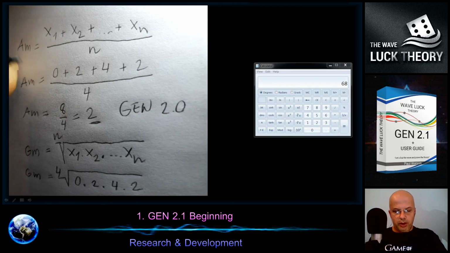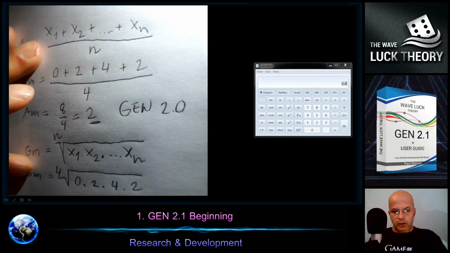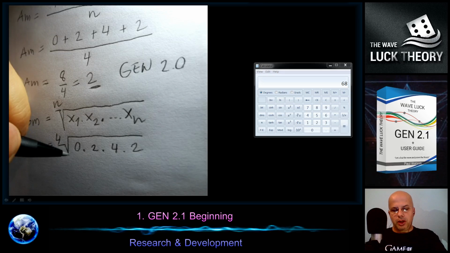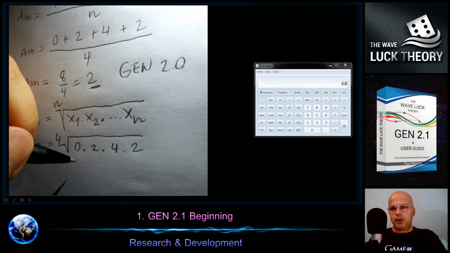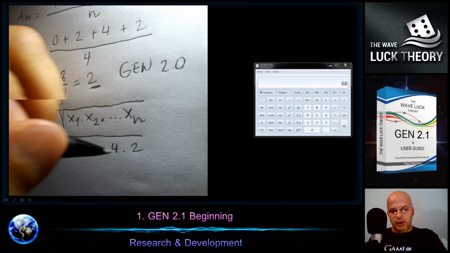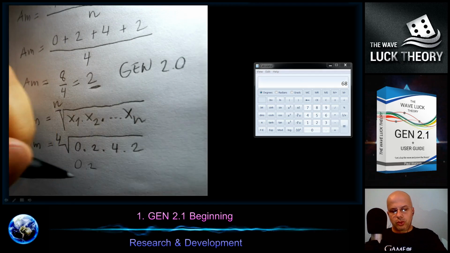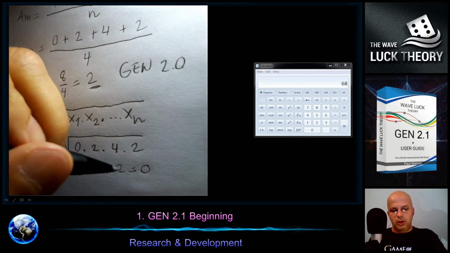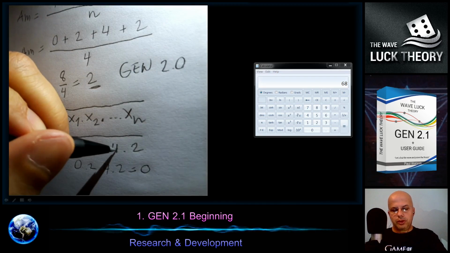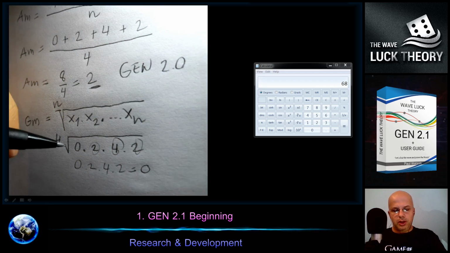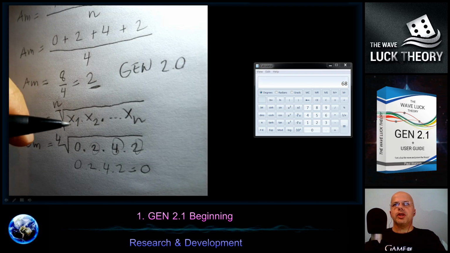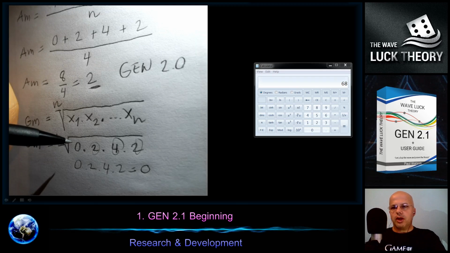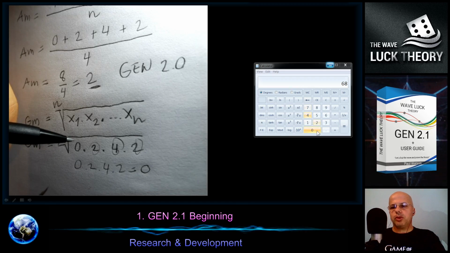And the problem we have here is the following, that if we multiply by 0, everything we multiply by 0, we are getting 0. So 0 times 2 times 4 times 2 is equal to 0. So we will lose even this value or this one, and that's the problem why we cannot use the geometric mean, as I can also show in the example on the calculator.